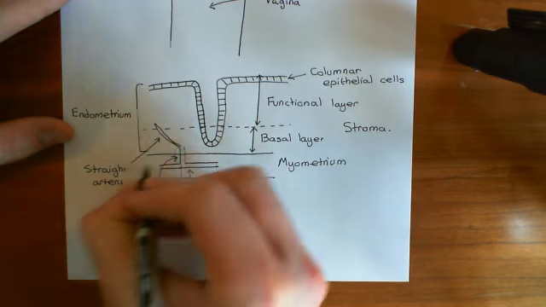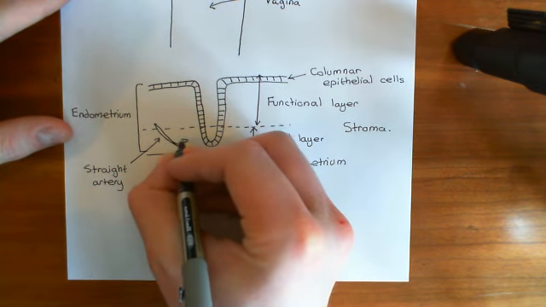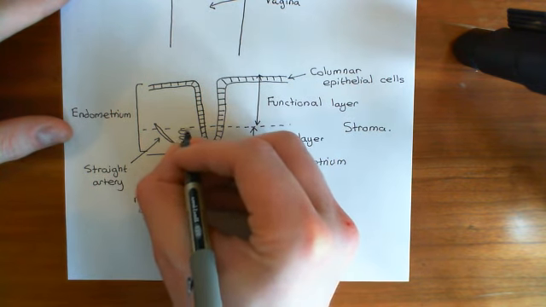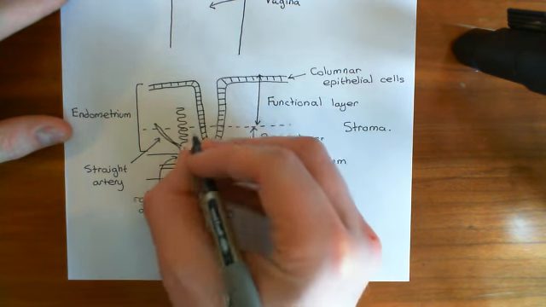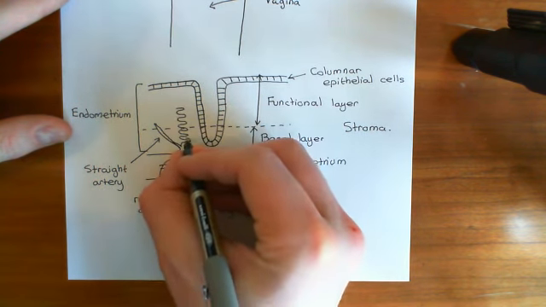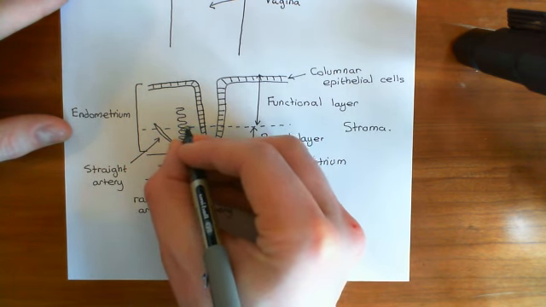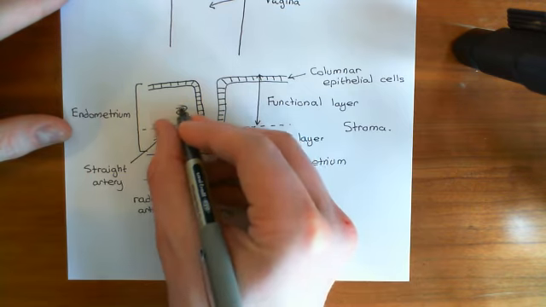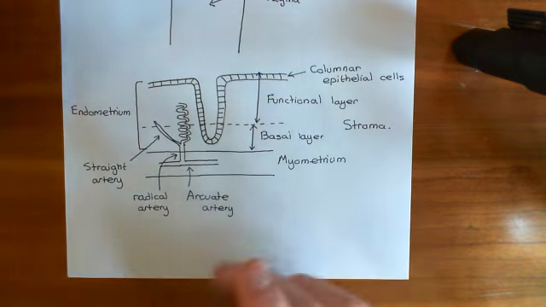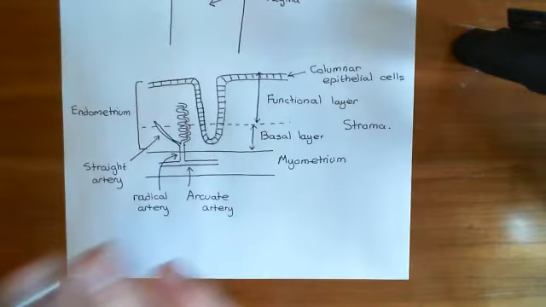Spiral arteries will progress up in spirals, and I think the only way I can show this, well, this is the best I can do. So it'll spiral up like so. That's supposed to mean that it is actually in a spiral shape, and that will then supply the endometrium.